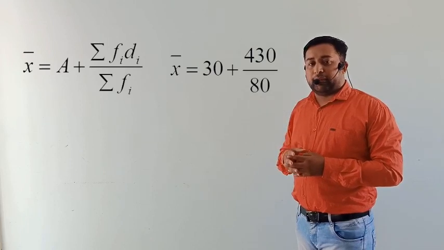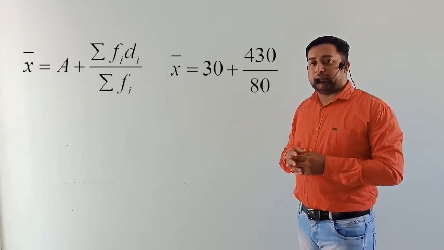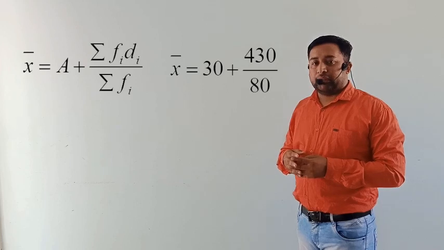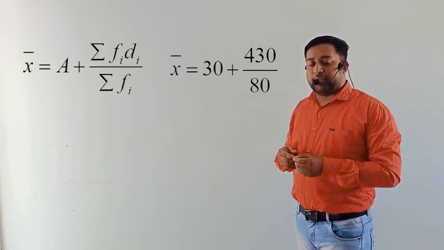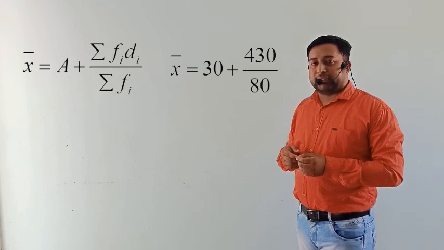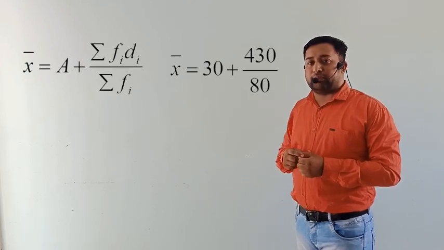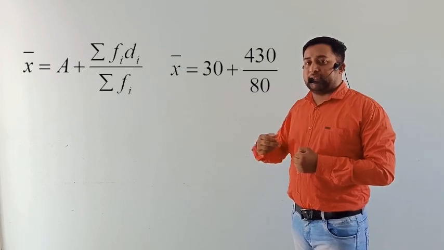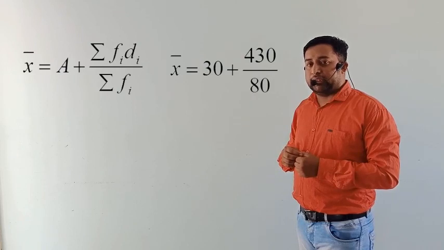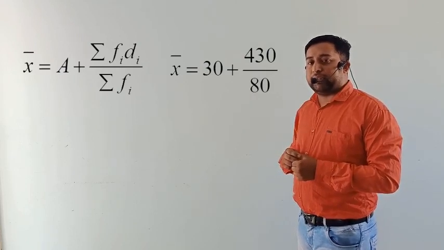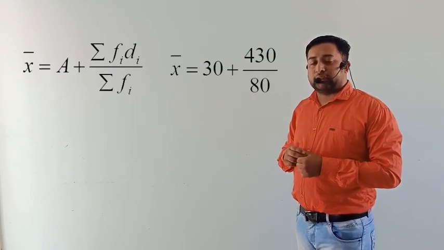Adding the negatives, minus 120 minus 110 is minus 230, and in the positive, 230 plus 280 is 510, plus 150 is 660. 660 minus 230 will be 430. So my sigma fi di is 430.